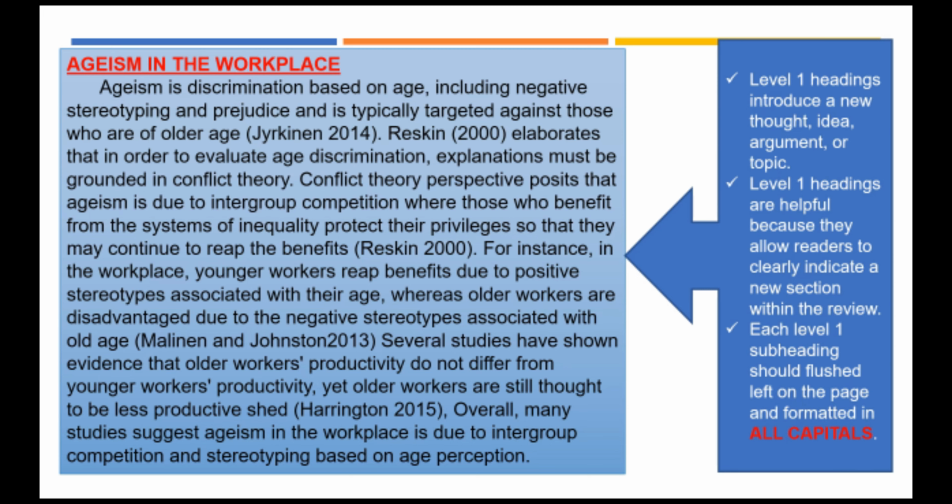Level 1 headings are helpful because they allow readers to clearly identify a new section within the review. Each level 1 subheading should be flush left on the page and formatted in all capitals. We must always remember this when making our literature review.